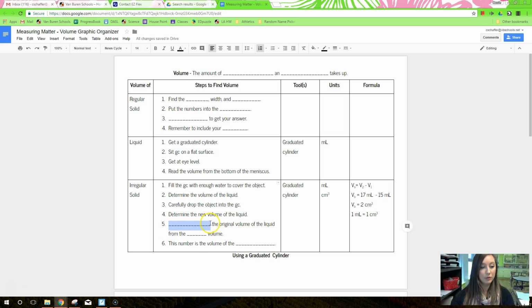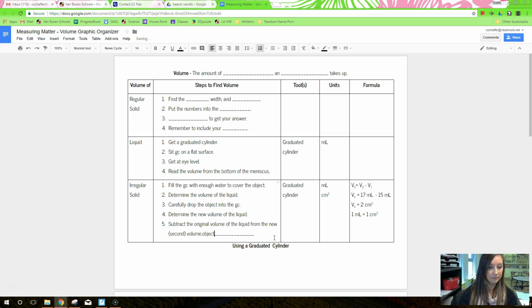Then I want to subtract the original volume of the liquid, so that was my V1 that I put in over here, from the new volume, or the second volume, and that was my V2 over here. So this number is the volume of the object.